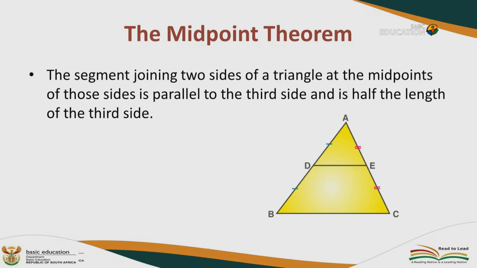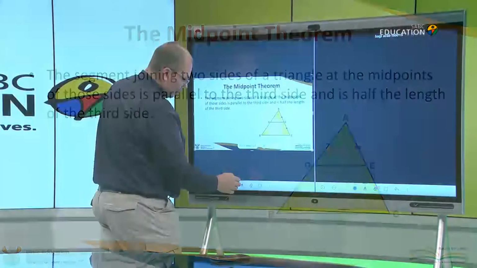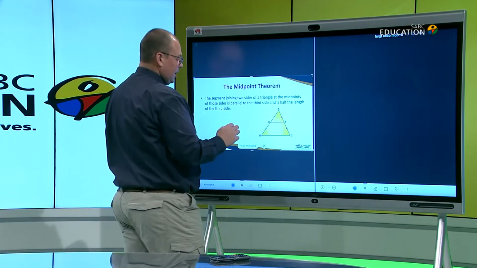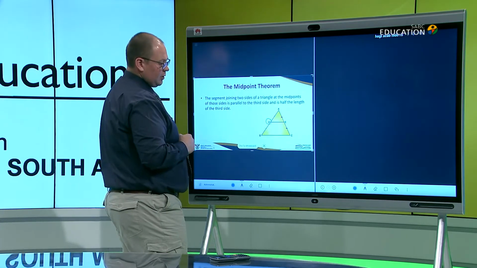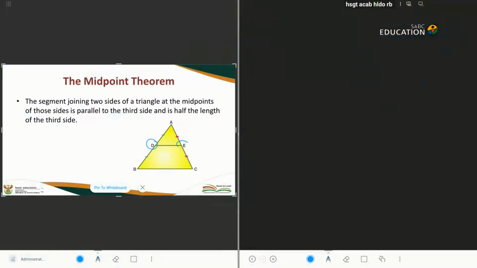So what will my conclusion be? The line drawn through the midpoint of the one side and through the midpoint of the second side will be parallel to the third side. And they also say that it's half the length of the third side. So let's write this out. Our conclusion will be that DE will be parallel to BC.